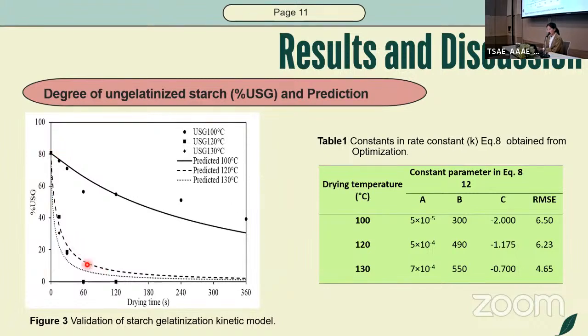And you can see that in the conditions of 120 and 130 degrees Celsius, it can achieve complete gelatinization, indicating that the ungelatinized fraction is zero, about 67. But the condition at lower temperature cannot achieve complete gelatinization. In terms of prediction, the kinetic model can predict the experiment with a risk error of about 5 to 7%.